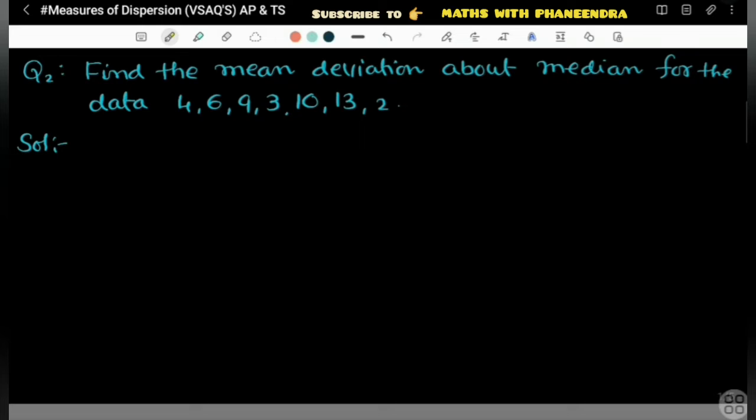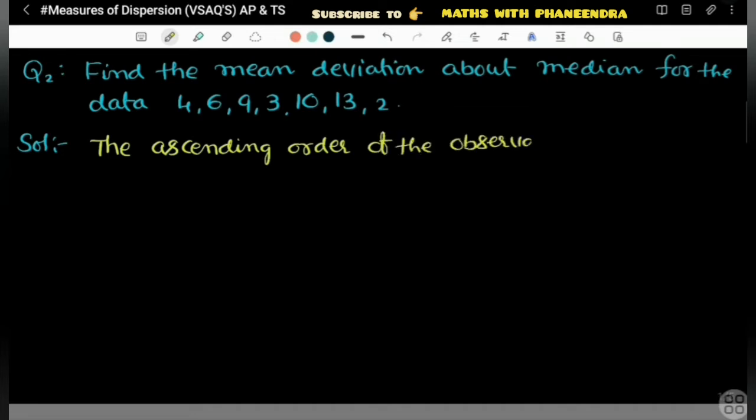So, the mean deviation about the median: whenever the question is asking for the mean deviation about the median, first you have to arrange the observations in ascending order in the given data.